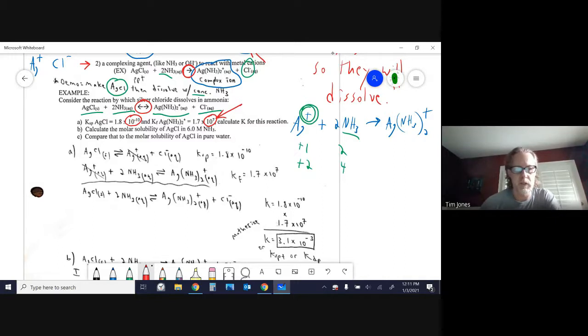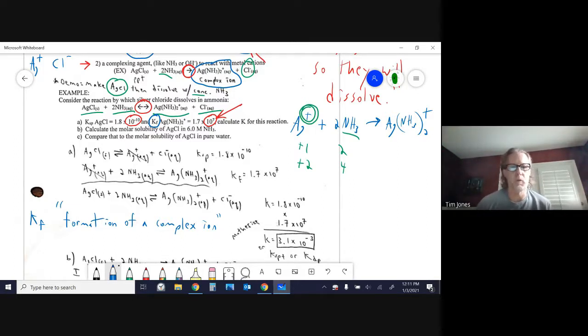Now you'll see that this here says Kf. What that means is formation. So Kf, it's equilibrium, and the F is formation. It doesn't mean formation like we did in thermochem. In this case, it's the formation of a complex ion.